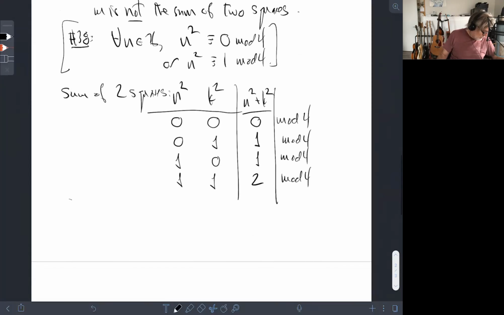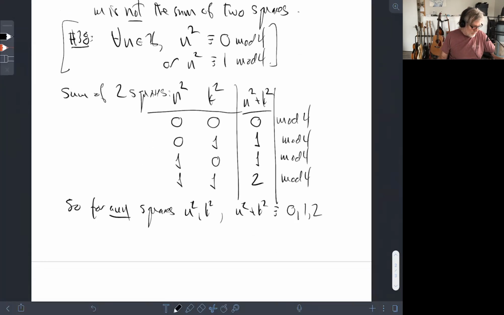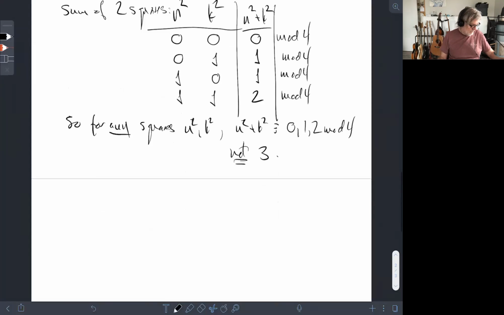So for any squares n squared, k squared, n squared plus k squared is congruent to 0, 1, or 2 mod 4, not 3. Okay.